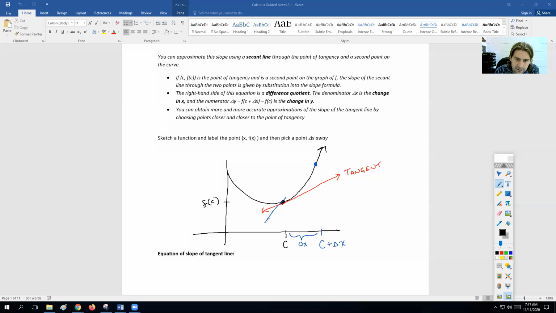And we could find the slope of this secant. The reason we can find the slope of the secant is because we have two x values. We have a y value of f of c, and then another one of f of c plus delta x.